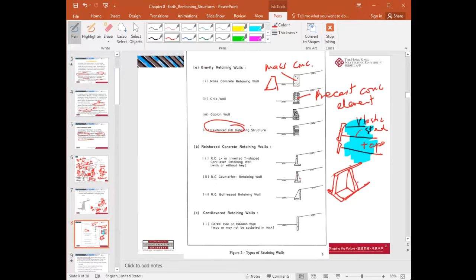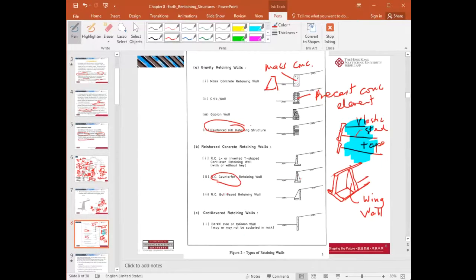At the back, the wing wall is called the counterfort.